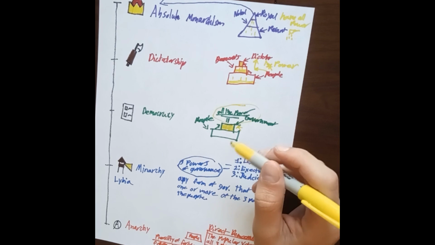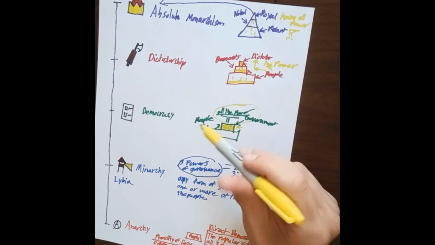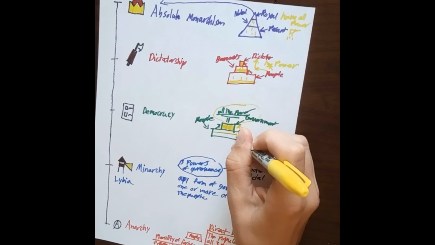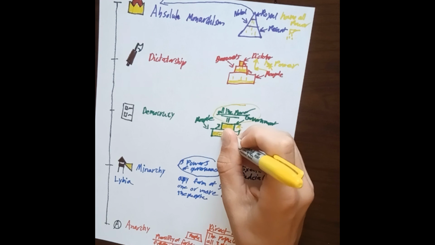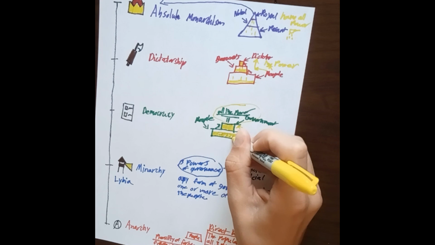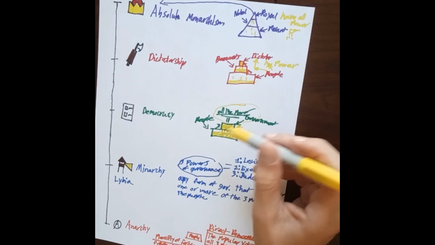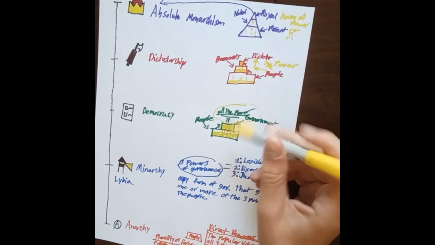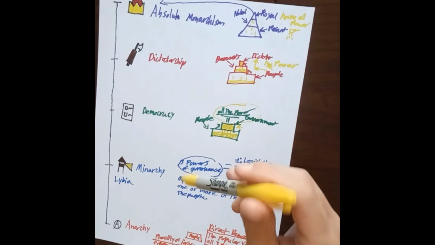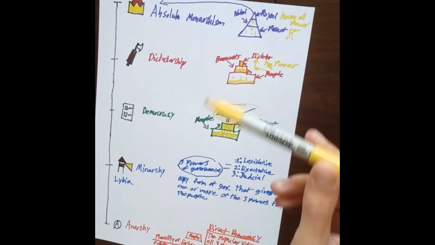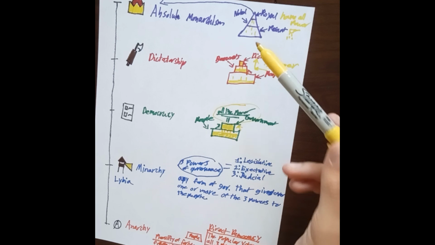The thing is, basically, there is no middleman in democracy, which means that the people do have a larger reservoir of power. All right, and there's more of a trickle down. So, democracy is inherently better than a dictatorship, and a dictatorship is inherently better than an absolute monarchy.